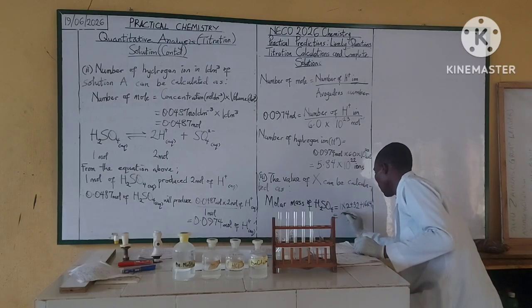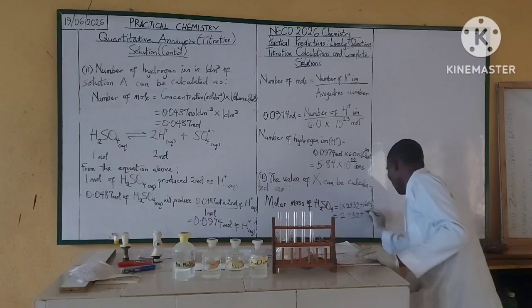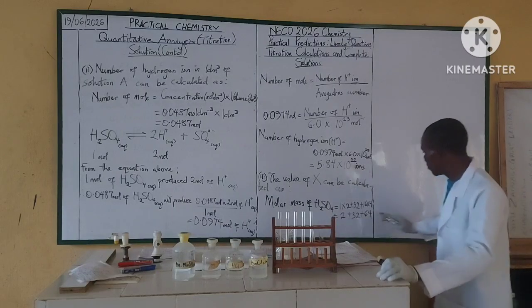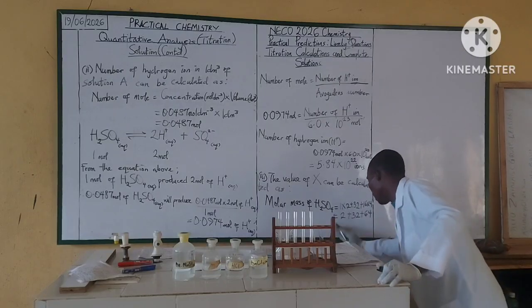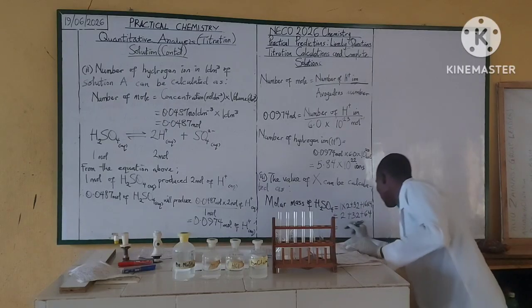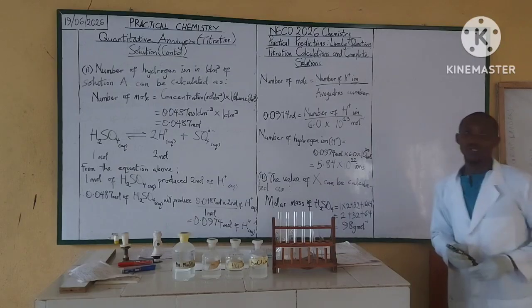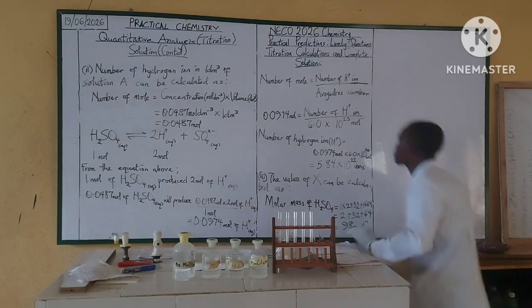And then we have 2 plus 32 plus 16 times 4, that is 64. By the time we sum up all these values together, we have 98 gram per mole to be the molar mass of the sulfuric acid.